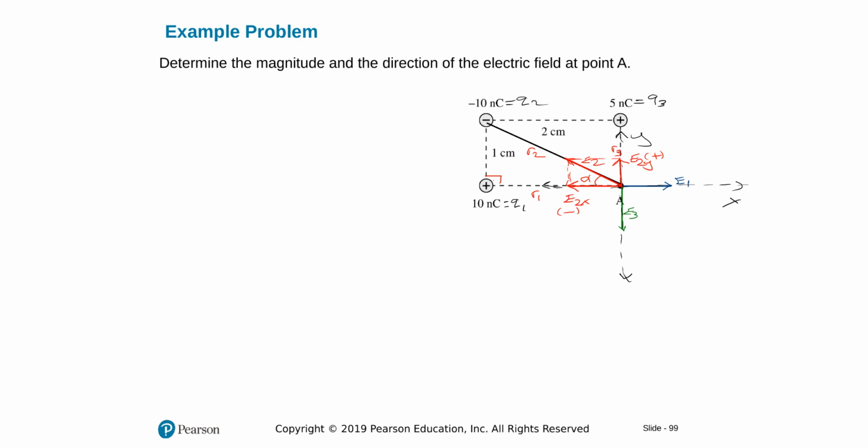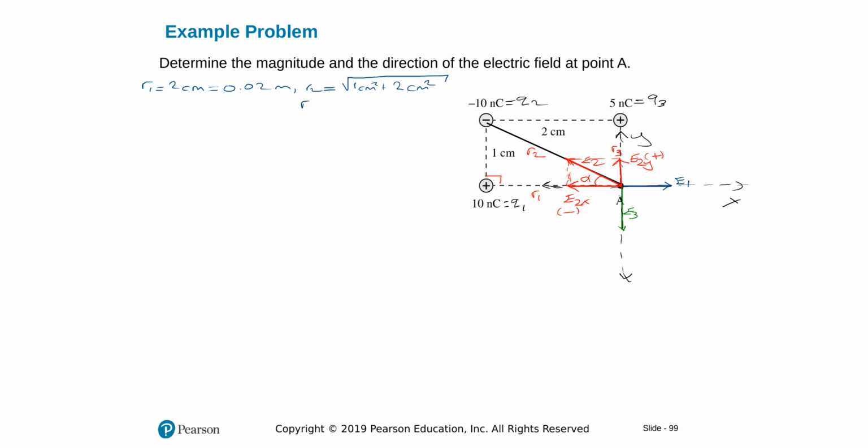So the values we know, R1 is equal to 2 centimeters. We convert to meters right away, 0.02 meters. R2, we will calculate using this triangle here. It will be one perpendicular side squared plus the other, square root. It will be 1 centimeter squared plus 2 centimeters squared.